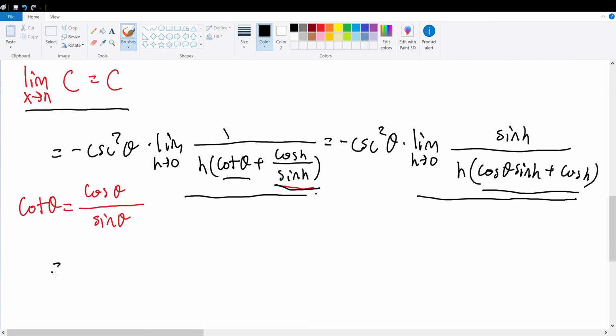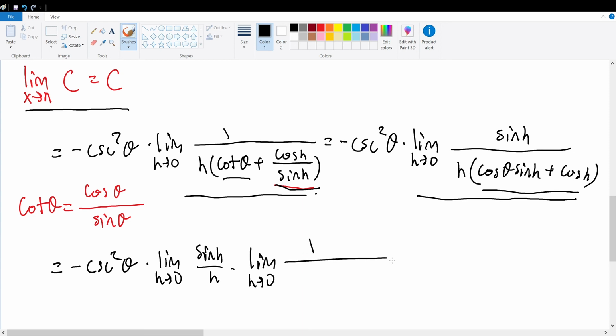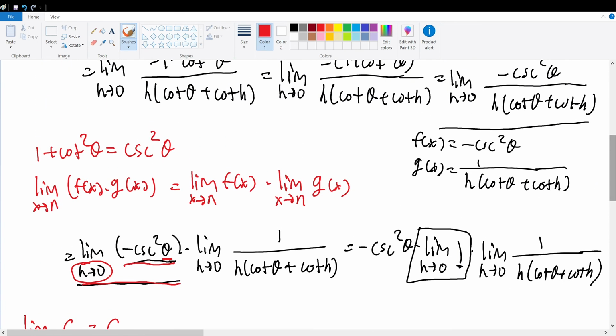But moving on, we obtain negative cosecant squared theta times the limit when h goes to 0 of sine of h over h, times the limit when h goes to 0 of 1 over cosine of theta times sine of h plus cosine of h. And how I've broken up this limit right here is from a previous limit property, which is the limit of the product of two functions represented by f of x and g of x.